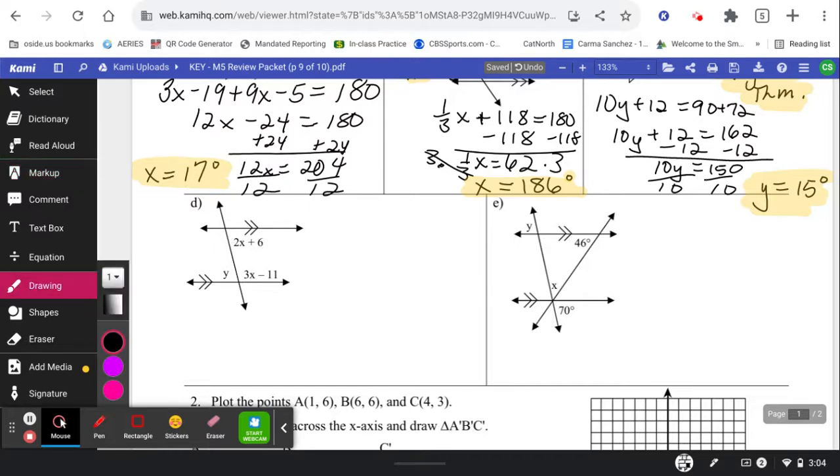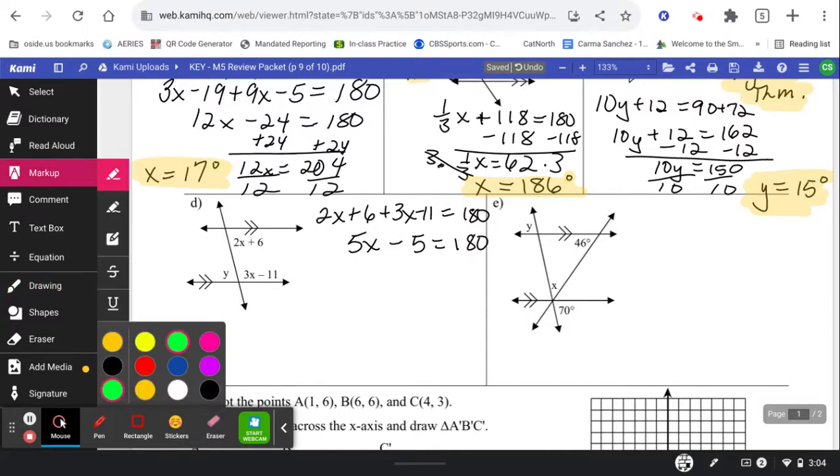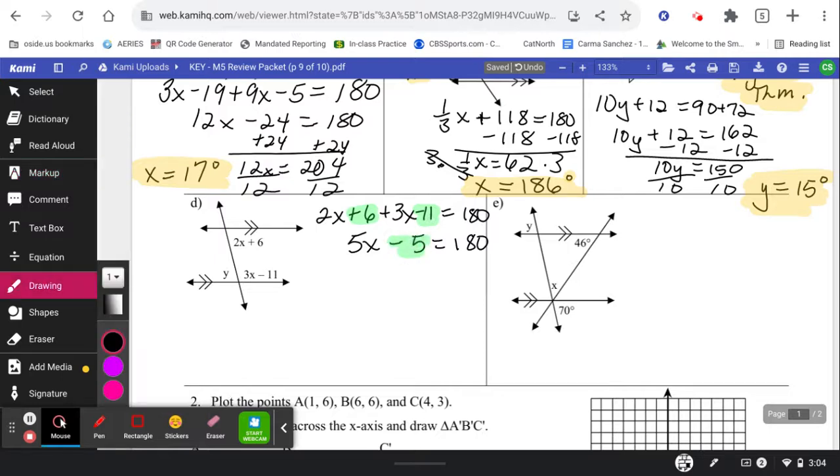By exterior angle theorem. All right, next one wants both an x and a y. Let's do the x's first so then we can solve backwards and then get y. So 2x plus 6 plus 3x minus 11. Do you see that those are same side interior angles or supplementary? So let's combine the x's and combine the constants. Do you see how I got that negative 5? 6 minus 11 gives me negative 5. And then 2x's plus 3x's is 5x's.